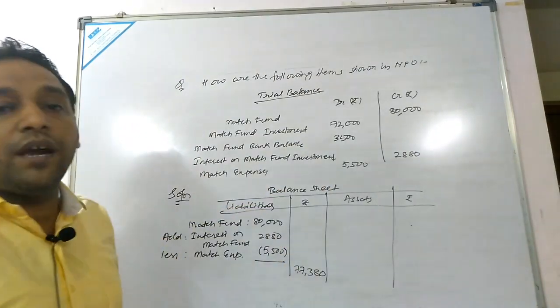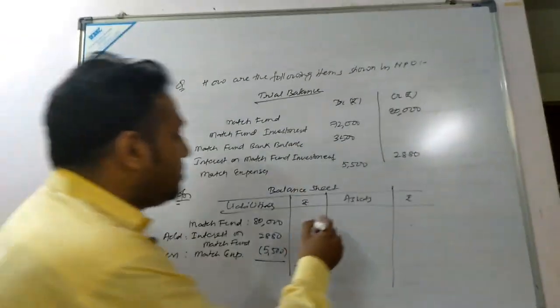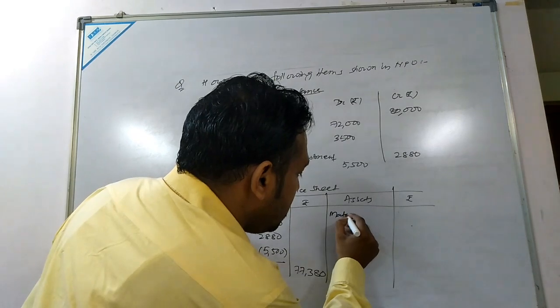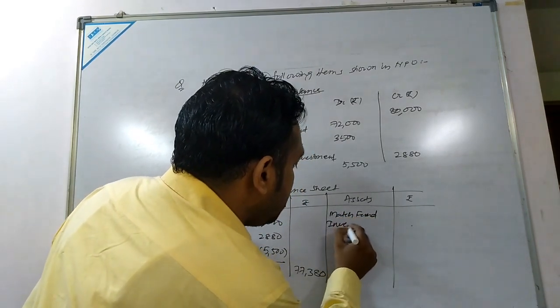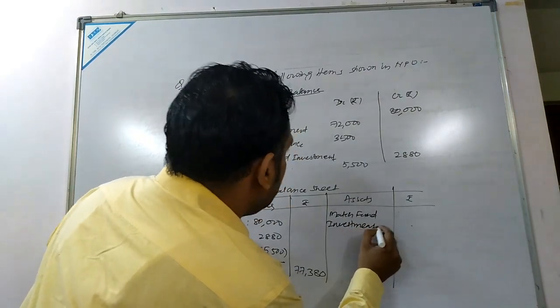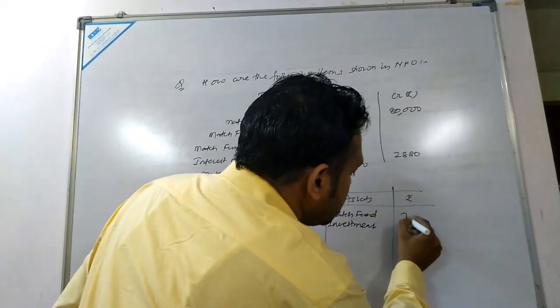Now remember, whatever the investment and bank balance is, it will be shown on the asset side of the balance sheet. That is the match fund investment, 72,000.